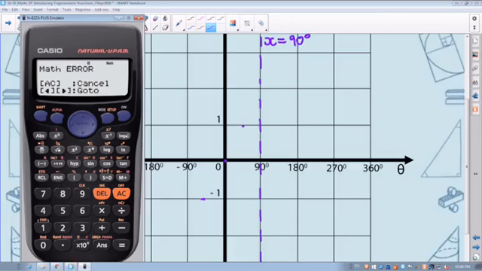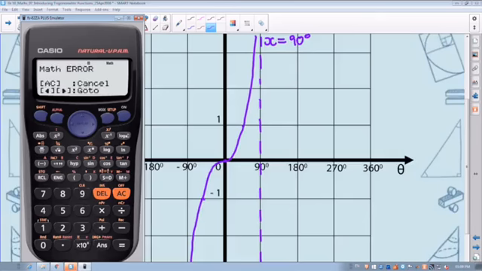And then I'm going to draw my tan function. Once again, starting in the middle and going down. Now, why am I going closer and closer to negative 90 and not touching it? Well, let's see what the value of tan of negative 90 is.